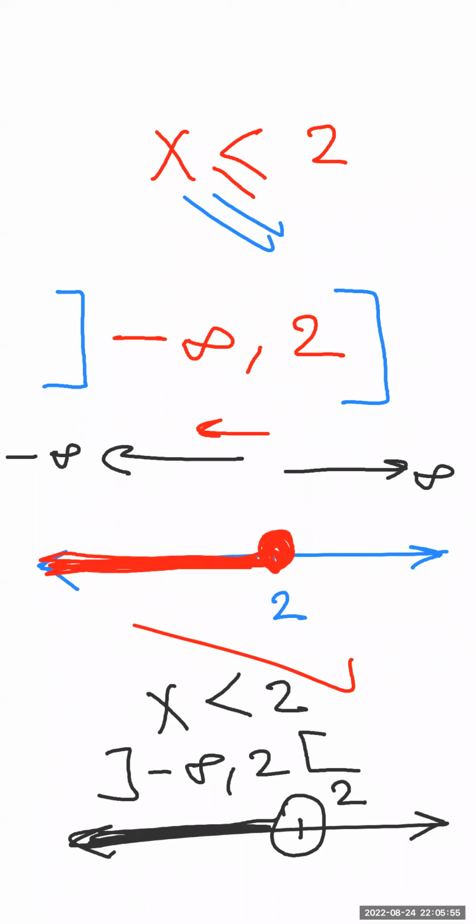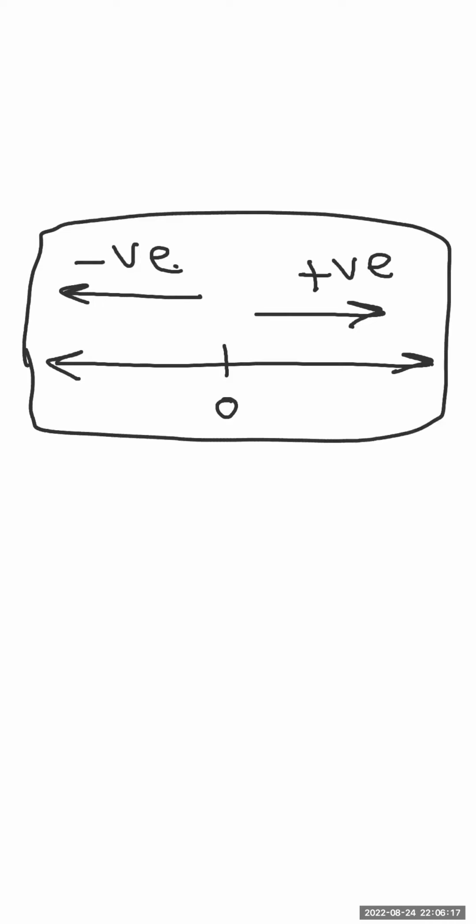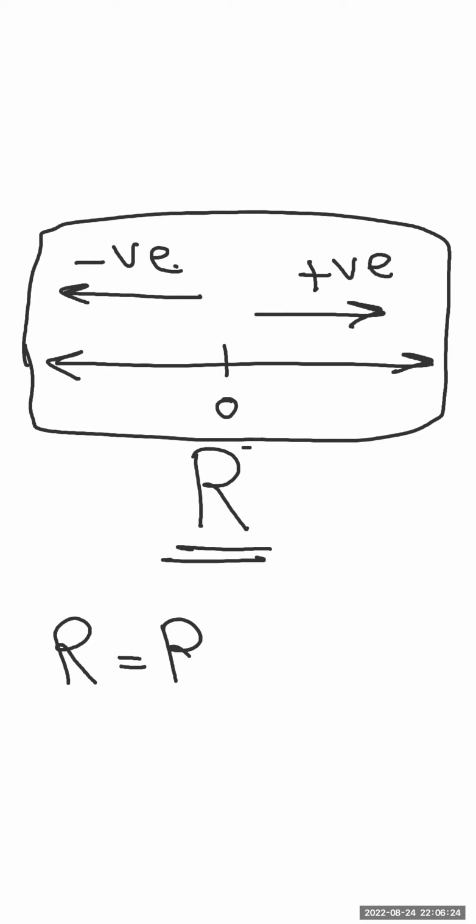Now we said that the number line is like this. Here is 0, and then this is the positive direction, and this one the negative direction. All these numbers are the real numbers. So now, guys, we said that real numbers equal positive real numbers union negative real numbers union the set of 0.